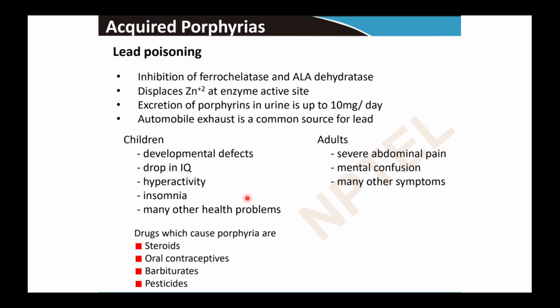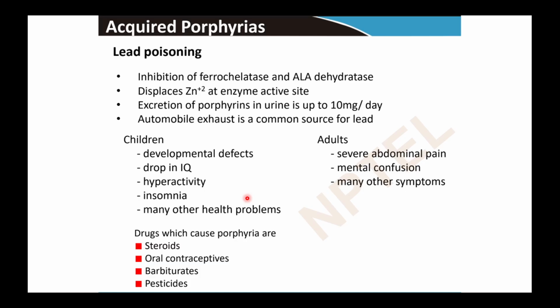And automobile exhaust is a common source for lead. Basically, the pollution caused by automobiles is the common source for lead. So if you are inhaling the exhaust coming out of automobiles, you could get lead poisoning, which could lead to porphyria.